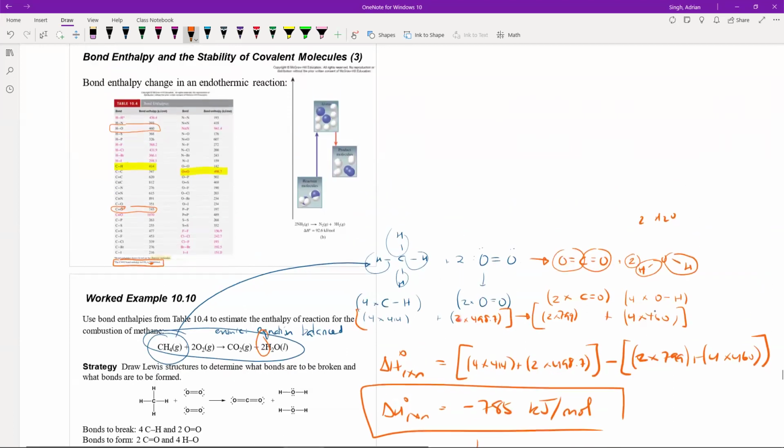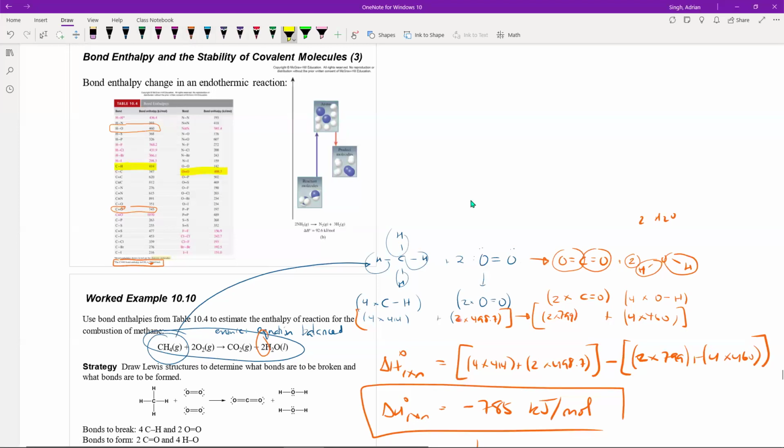In order to use the bond enthalpies to determine the delta H for the reaction, you need to know the types of bonds involved, which means you need to draw the Lewis structures for each of the reactants and products. Pay attention to the stoichiometry of this equation.